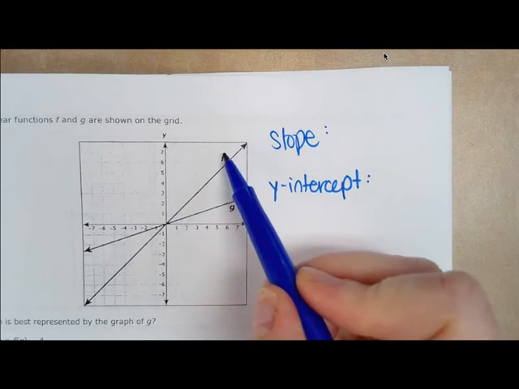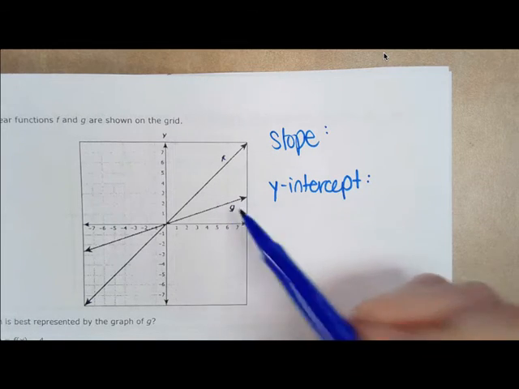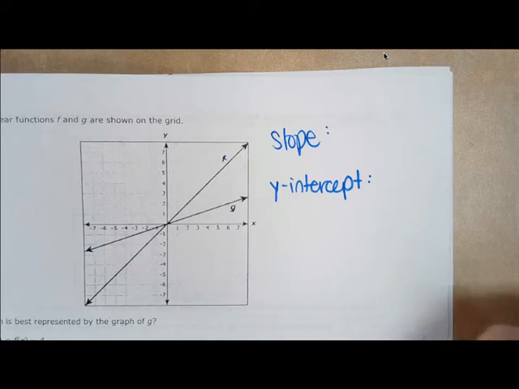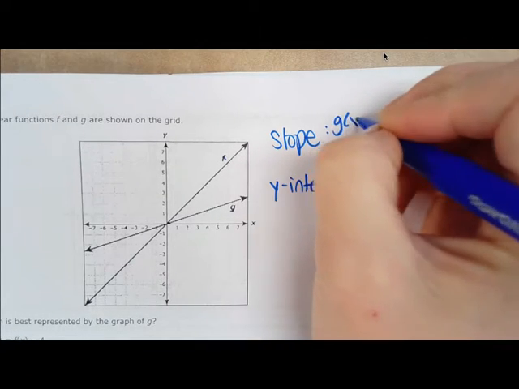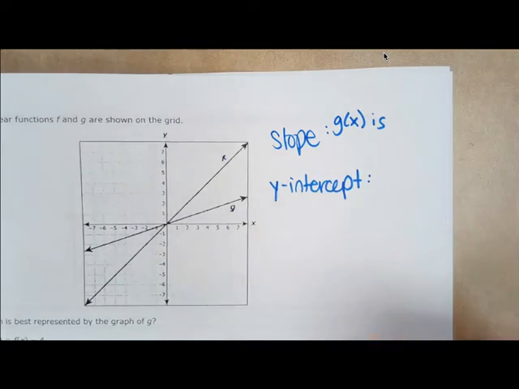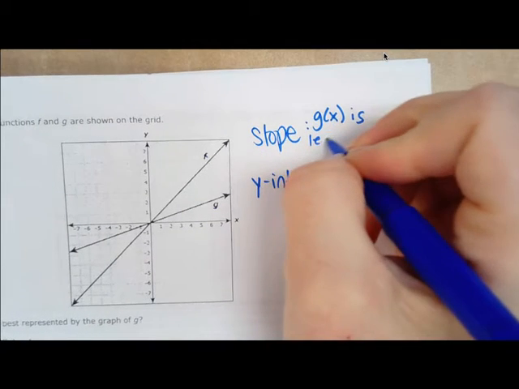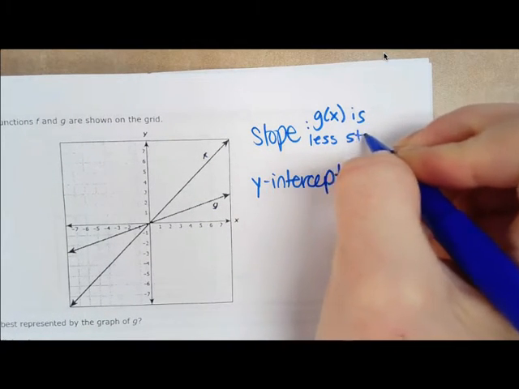So how does the slope of f compare to g? G of x, is it steeper or less steep? Less steep. Okay, so that's what I mean by comparing them.